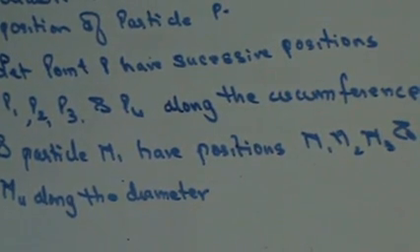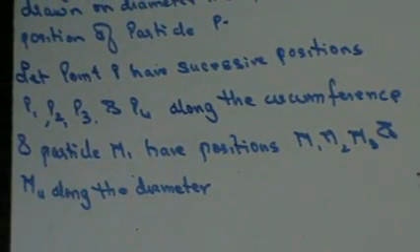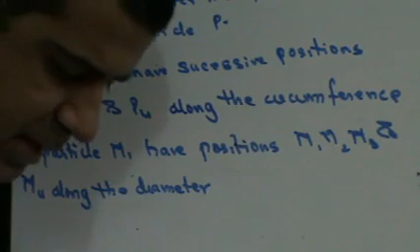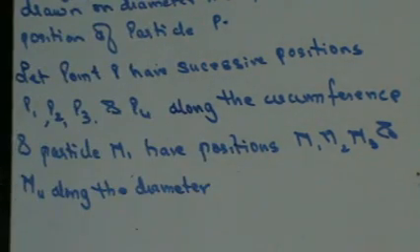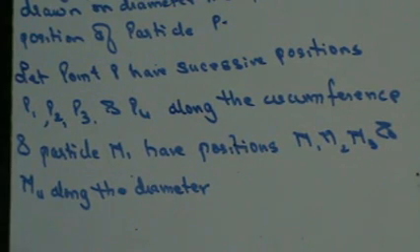Right? Now once we have this, thus I can say that particle P maintains its UCM on the circle and particle M continues to move to and fro along the diameter.